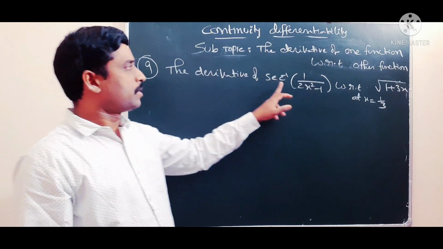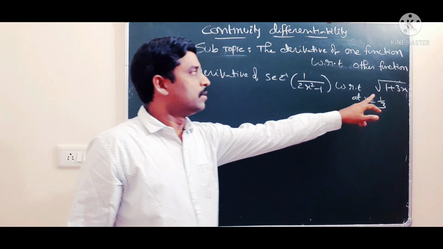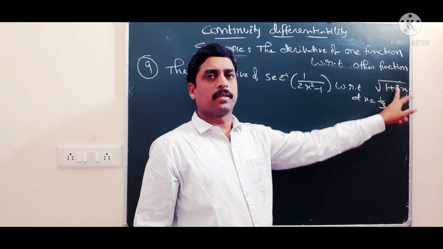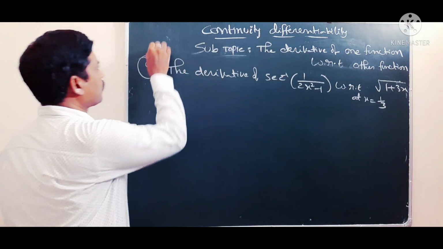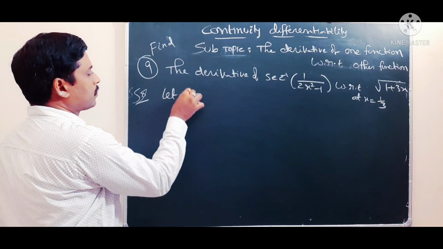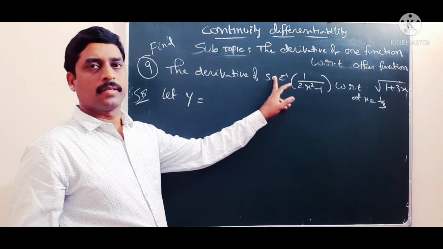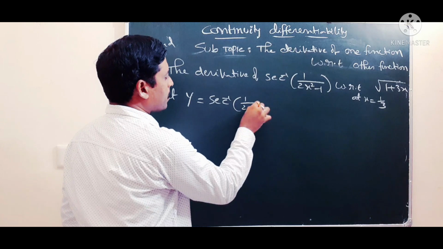The derivative of secant inverse of 1 by 2x square minus 1 with respect to under root 1 plus 3x at x is equal to 1 by 3. This is our target. So let us take the first function as y: secant inverse of 1 by 2x square minus 1.